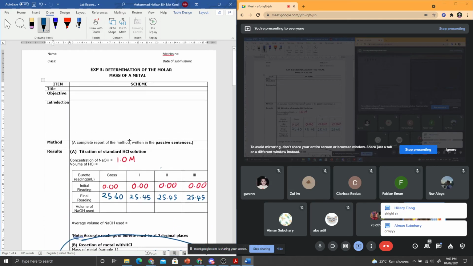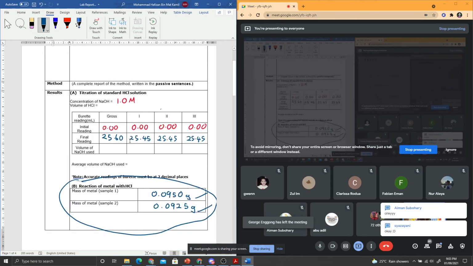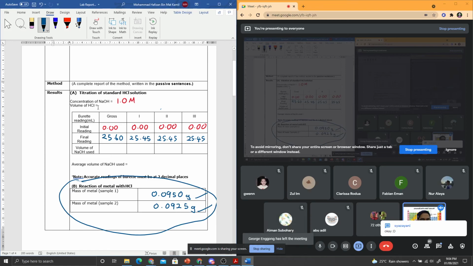So I give you again yang data. I don't want you guys to use the different data. Concentration of NaOH kita tukar ke 1. Kita guna 1 molar and tukar kat procedure sekali. Volume boleh cari dekat you punya lab manual. This is the data. Template I give you dekat Discord. Okay, cuma ada satu kesalahan je lah template tu, I tunjuk tadi tu.